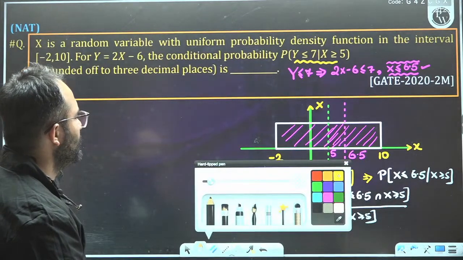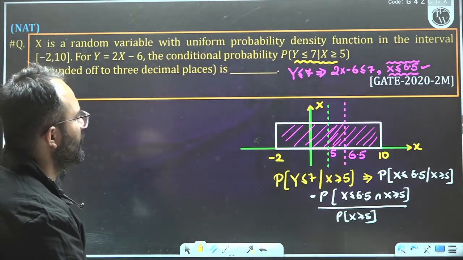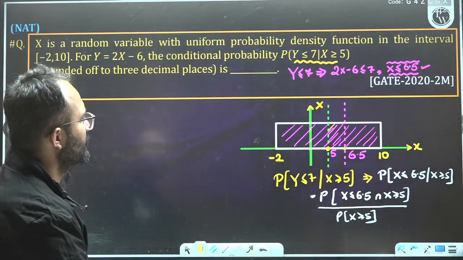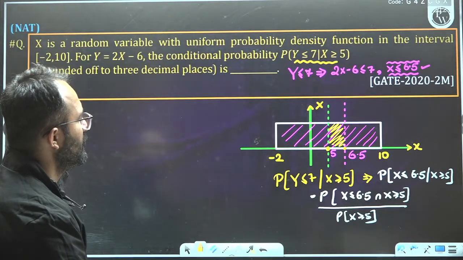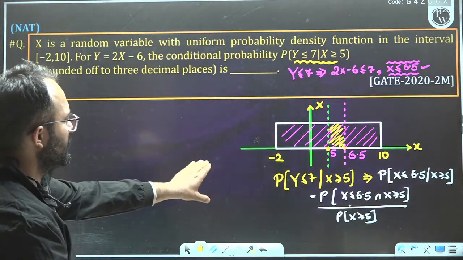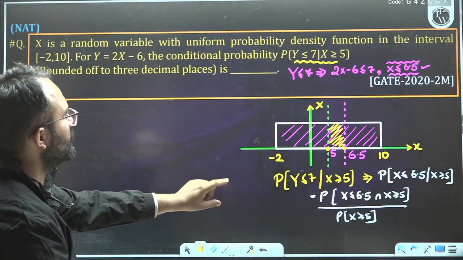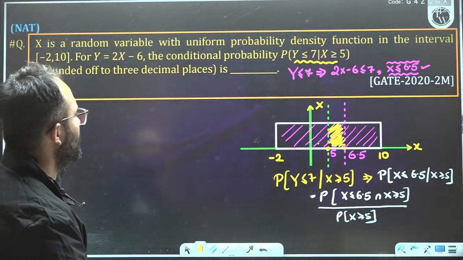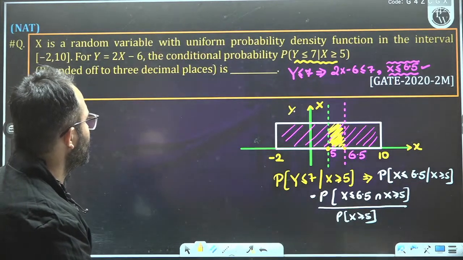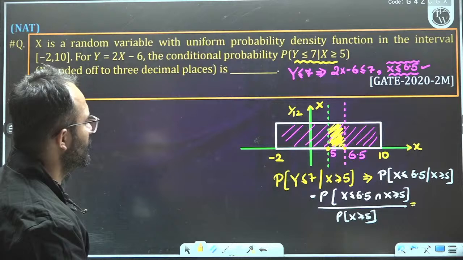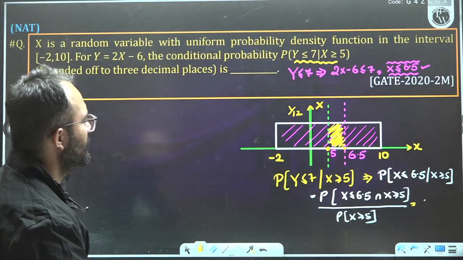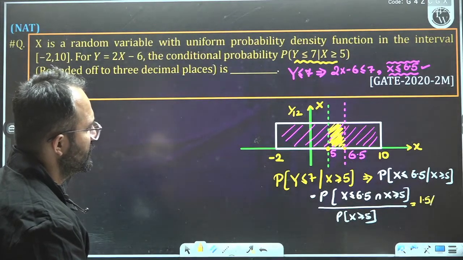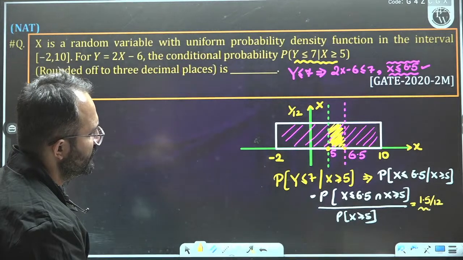Now here we can solve the result. It is from 5 to 6.5. Now the top probability or the numerator is simply the area of this region. What is the area of this region? That is equal to, width is 1.5, height is 1 by 12.